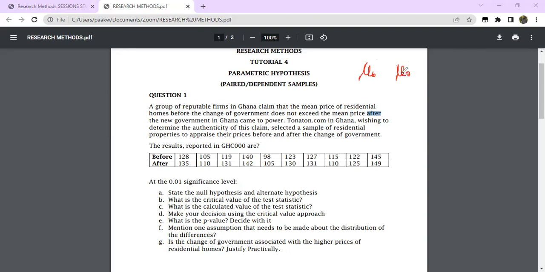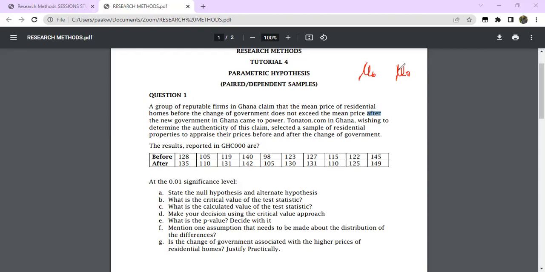So if they are saying does not exceed, what can you say about this one? What's the relationship between the mu before and the mu after? I will say the before is less than the after, since it does not exceed it. Does not exceed.